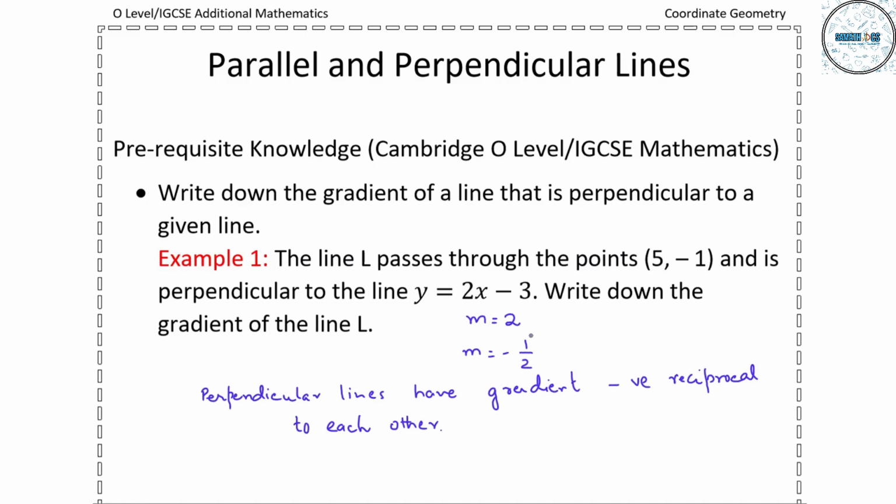If it is 2, it is to be 1 upon 2. If it is minus 1 upon 4, then the line which is perpendicular to this line will have the gradient 4. Here it is minus sign, it will be positive sign. Here it is 1 upon 4, reciprocal of it is 4.